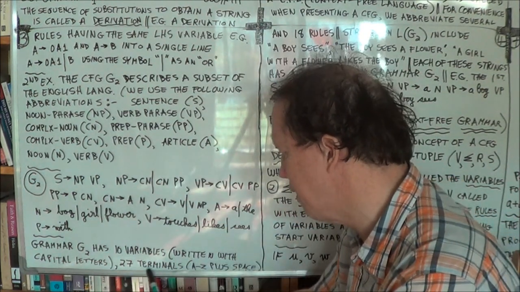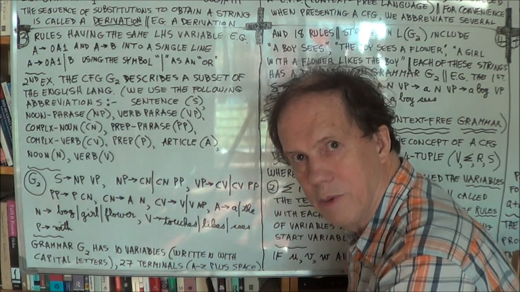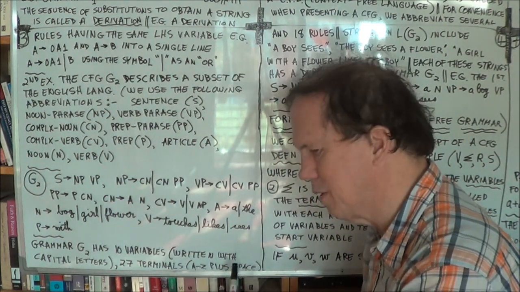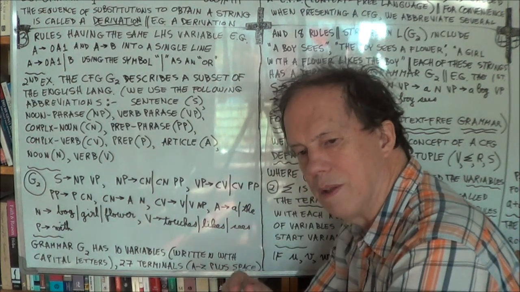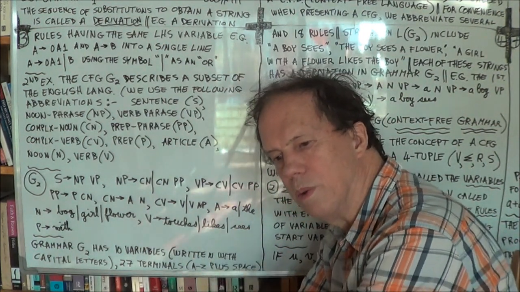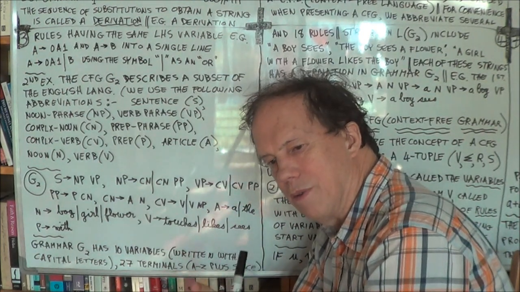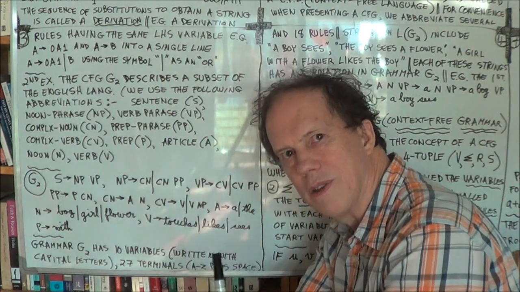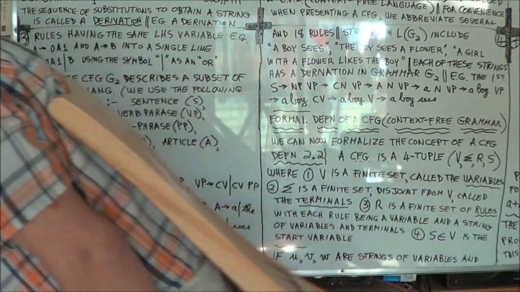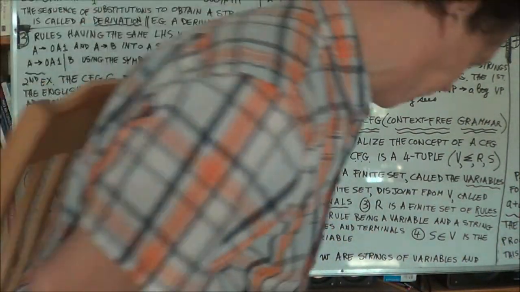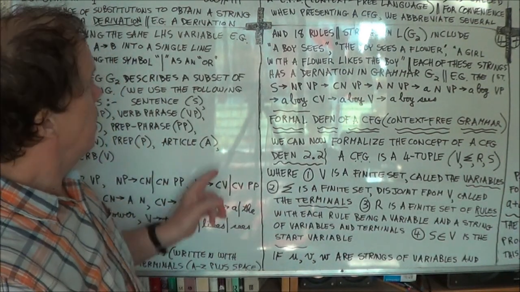How many terminals? 27. 26 from the ordinary alphabet, A to Z, and the 27th one is a blank, like a space. That space is useful to separate words, words being just a sequence of terminals, meaning letters of the alphabet. And we had 18 rules.